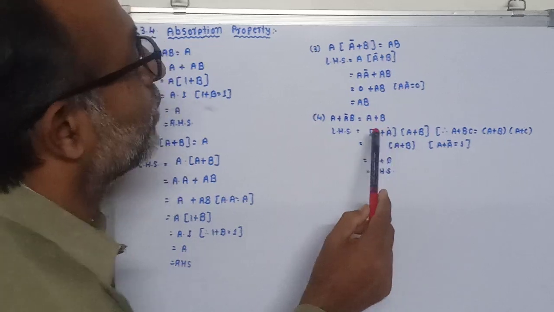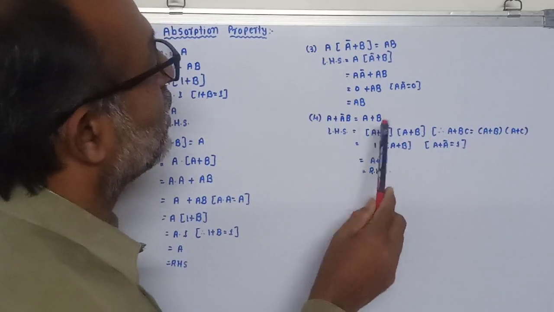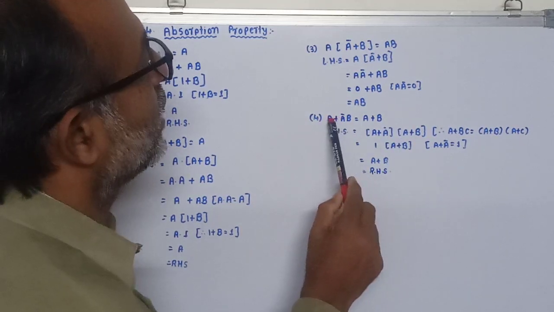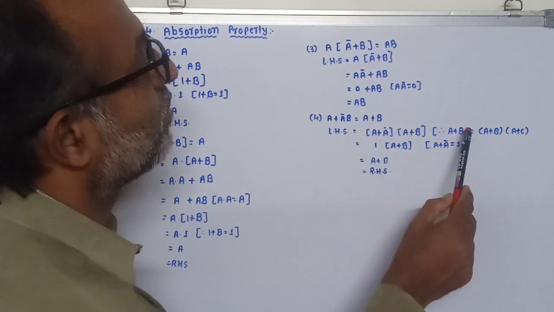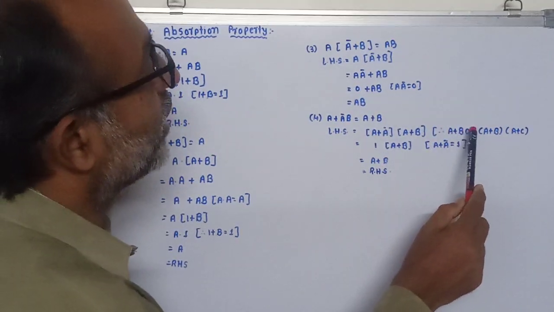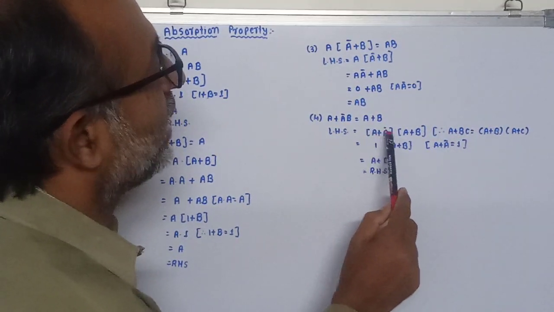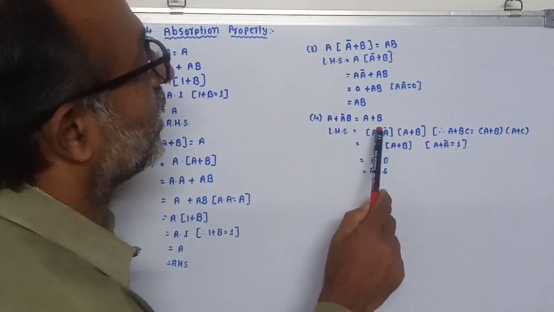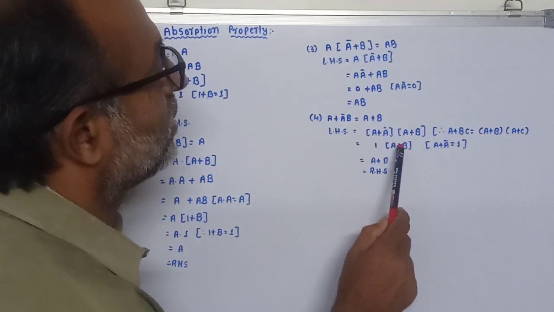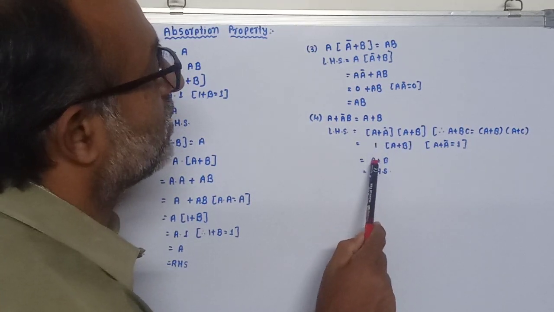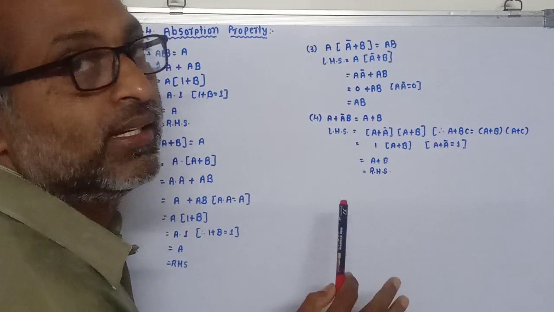So we can write this equation (a plus a bar) and (a plus b) according to the distributive law. So a plus a bar, its answer always becomes 1. So here it is replaced by 1, (a plus b). So there is no need to write 1. So our answer is a plus b, which is the RHS.